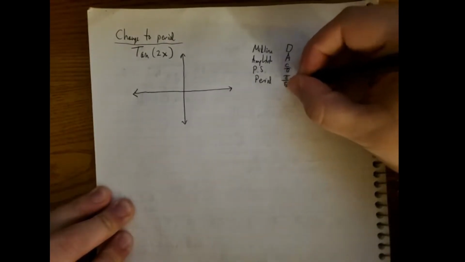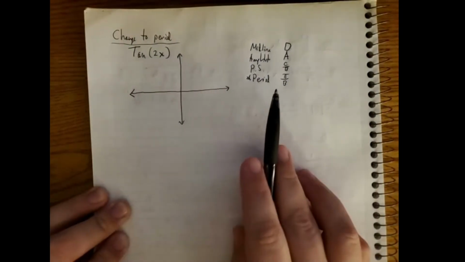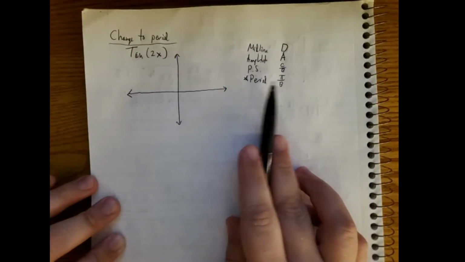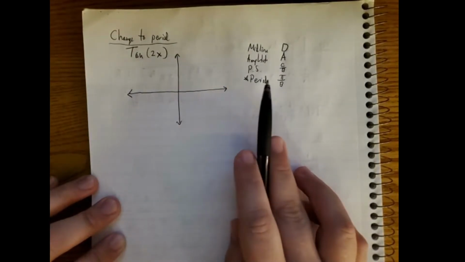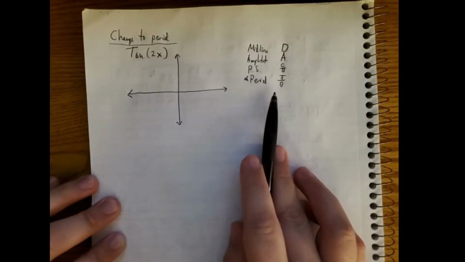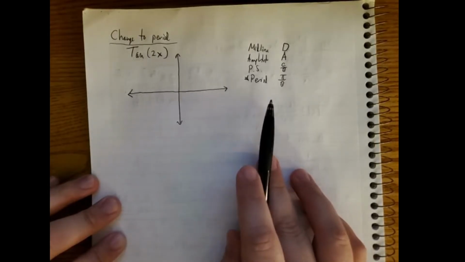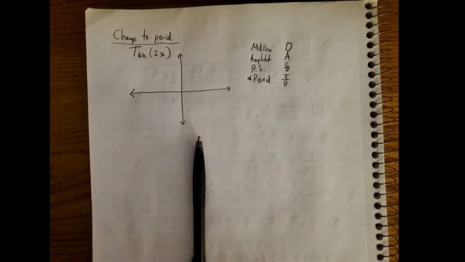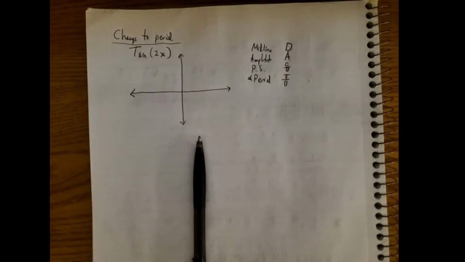Now, this is one of the big differences between sine and cosine and tangent, is that for sine and cosine, it's 2 pi over b, whereas for tangent, it is just pi over b. So let's look at this function and determine each of these pieces by how they fit together into this program.